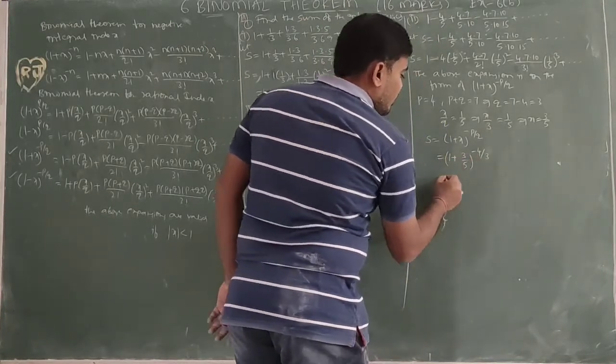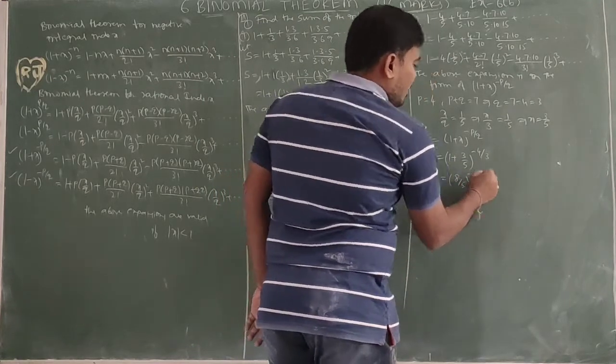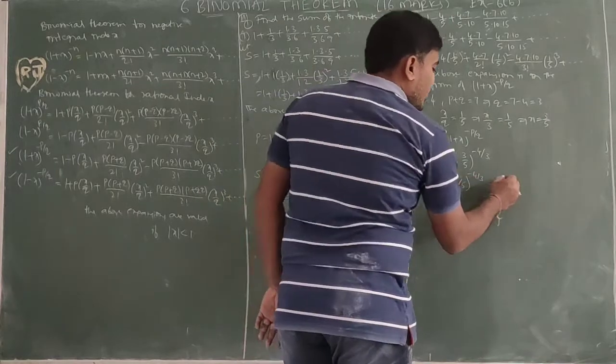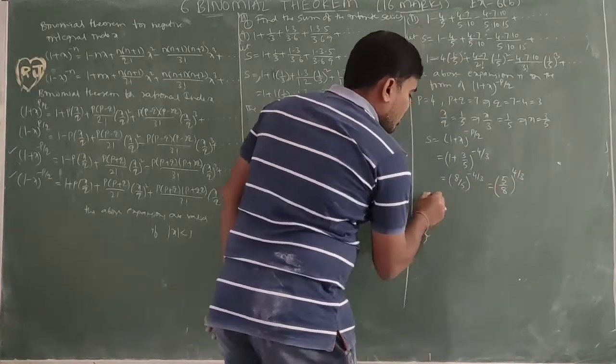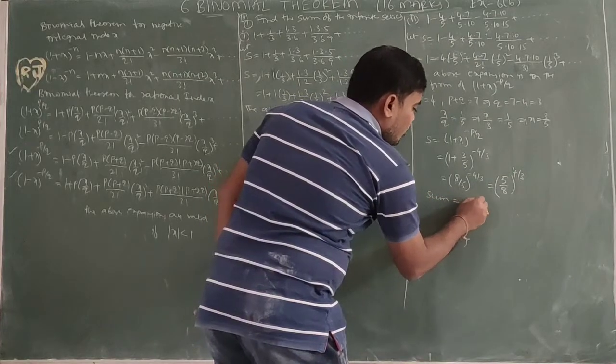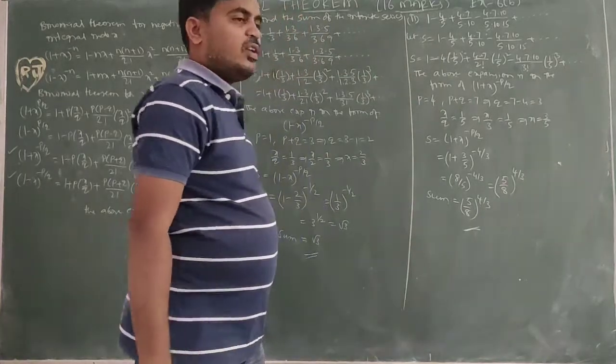So 1 plus 3 by 5 is 8 by 5 whole power minus 4 by 3. To make the power positive it will be the reciprocal, 5 by 8 whole power 4 by 3. Therefore the sum equals 5 by 8 whole power 4 by 3. This is the required solution.